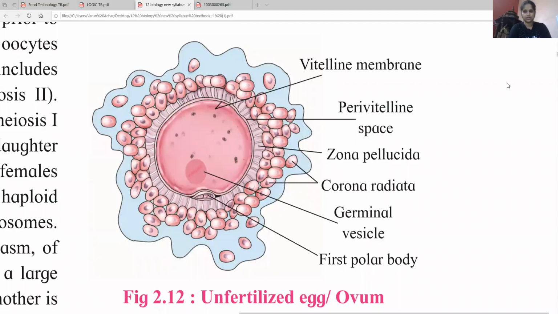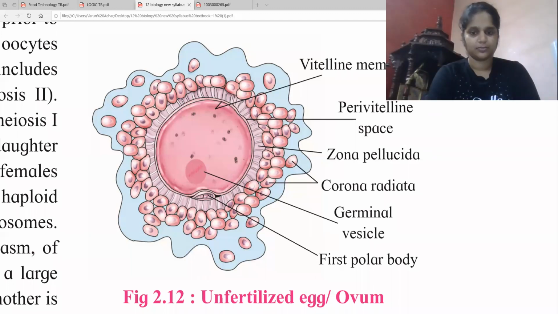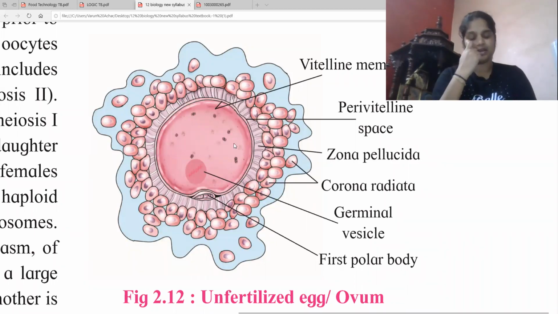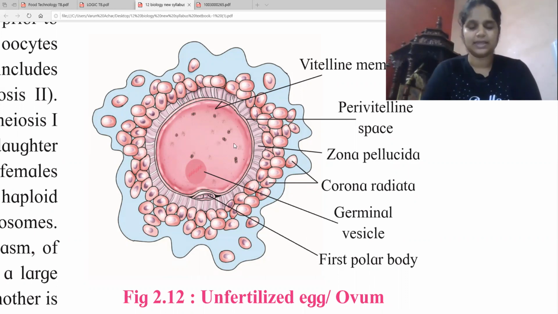So today we will study how exactly the structure of a secondary oocyte looks like, and what basically it holds within it. Okay, so here we go. Over here we have a diagram of the secondary oocyte, or the unfertilized egg.